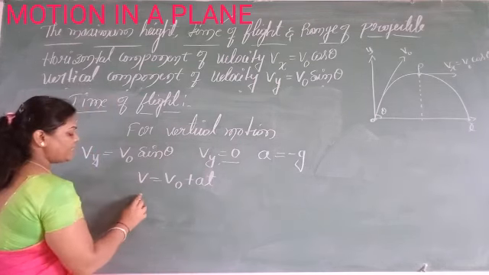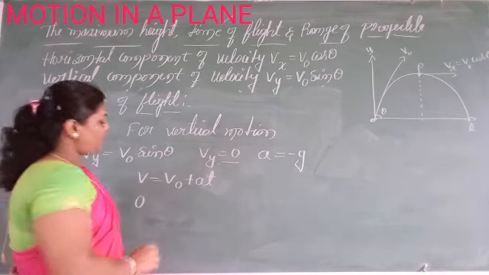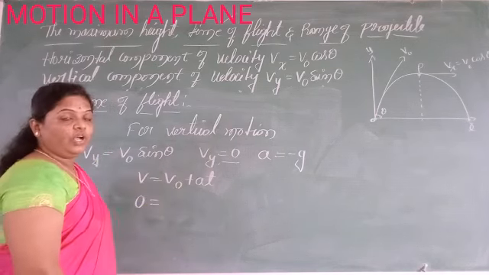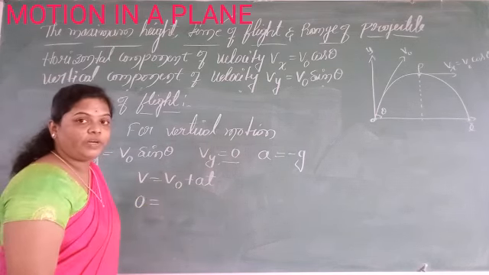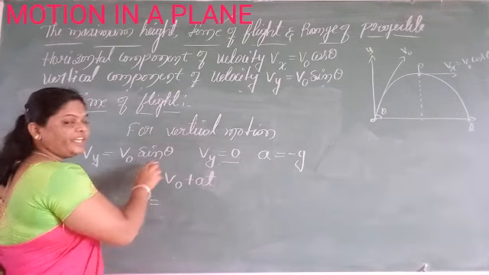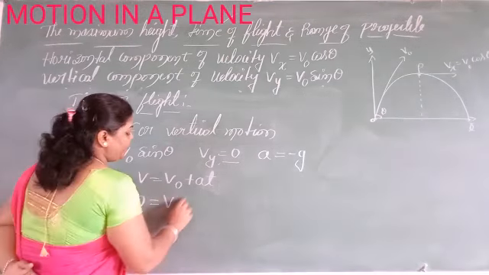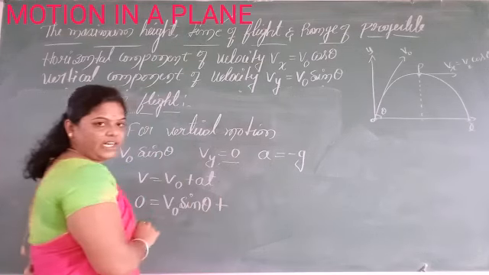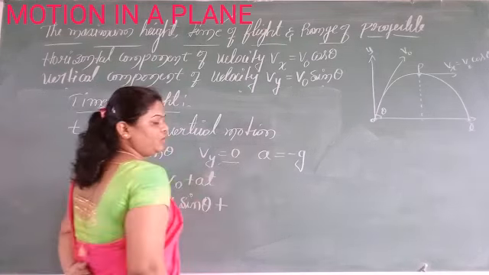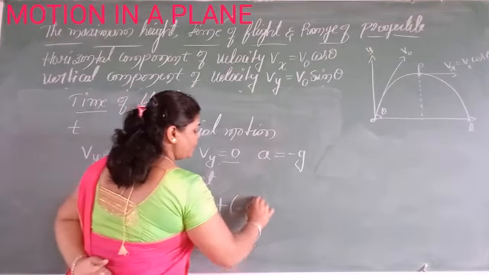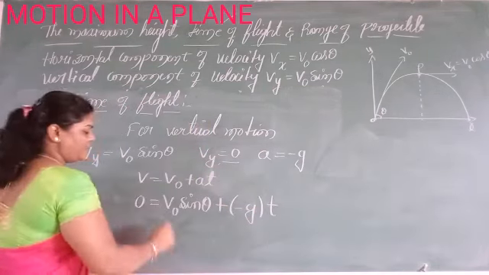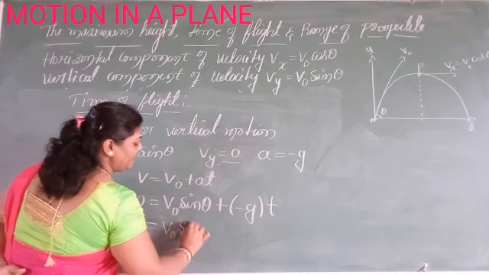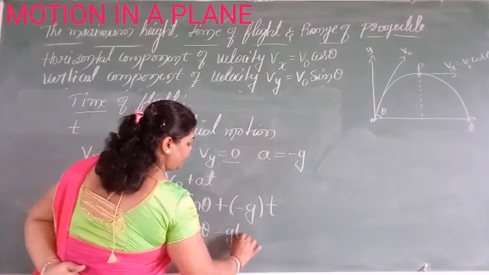So this final velocity is 0. That is equal to v naught, the initial velocity. We take the vertical component of velocity, that is v naught sin theta, plus the acceleration a is equal to minus g, into t. So 0 is equal to v naught sin theta minus g into t.